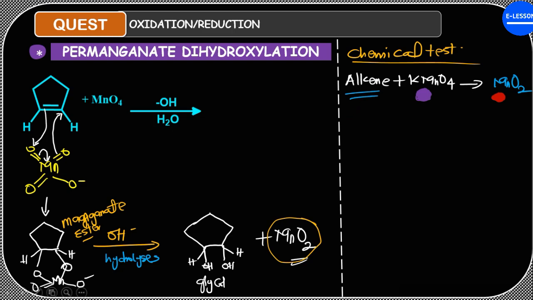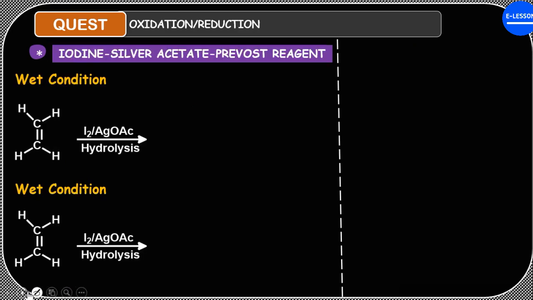So, in addition to being used for the synthesis of glycol, KMnO4 is also a good test for determining the presence of alkene in a particular compound, because alkene changes the KMnO4 color from a clear purple to a brownish, not too clear, that means opaque coloration. Is that understood? So now let us look at the next one, iodine silver acetate, the Prevost reagent.